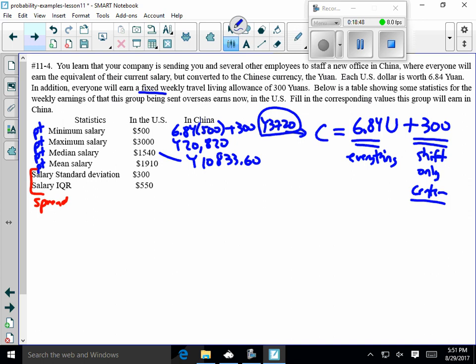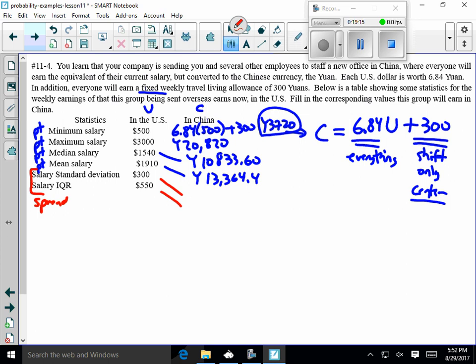I'm just applying this formula and plugging these values in for the U, and these would be the corresponding C's. Same thing here, I would plug 1,910 in for the U, multiply by 6.84, add 300, and the result should be 13,364.4 yuan.